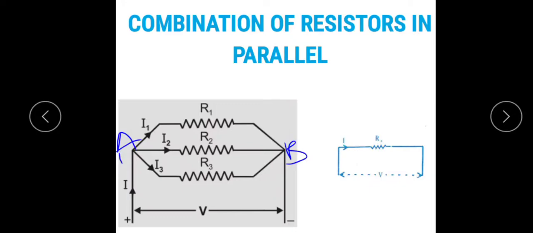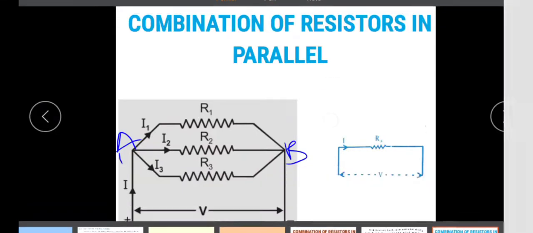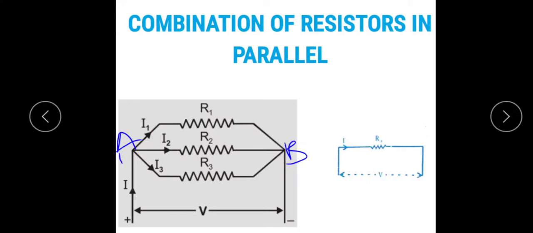Let us consider three resistors R1, R2, R3 which are connected to two common points. This connection shown in the figure is a parallel connection. Let V be the potential difference across the combination, and I be the main current.